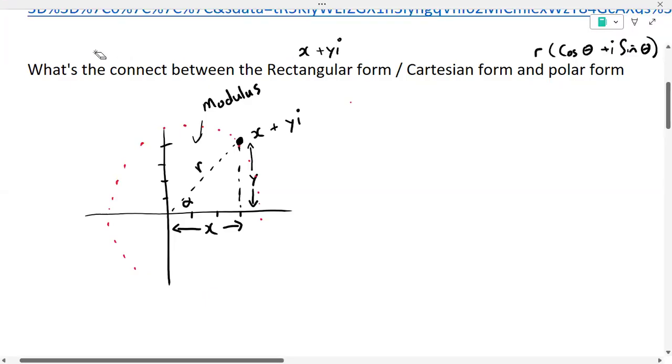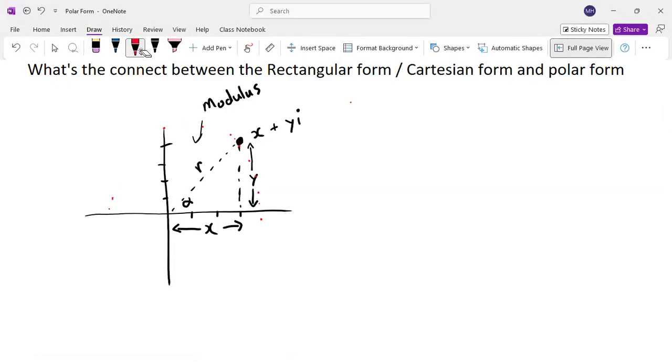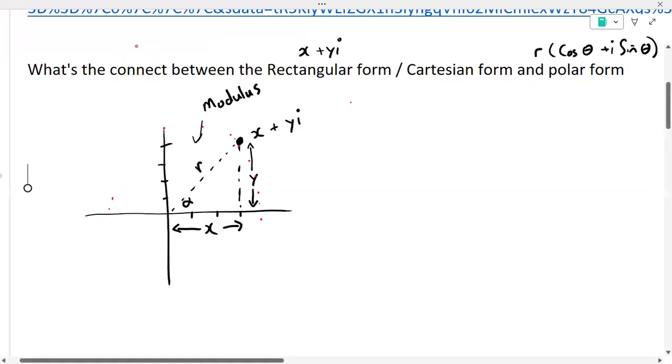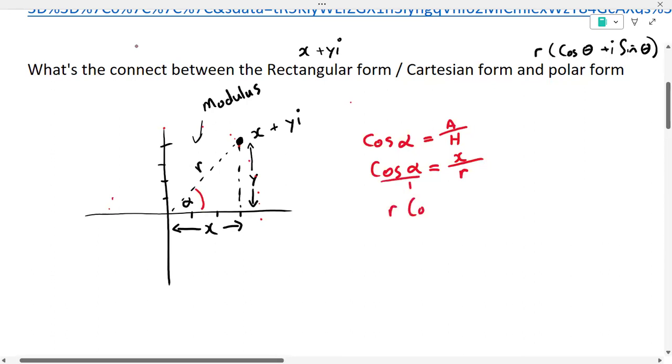Now, when we go to make this connection, how does cos come into play? Well, let's imagine we want to get the cos of alpha. Children are happy, so that's adjacent over hypotenuse. So the cos of alpha, the adjacent would be x and the hypotenuse is r. If I cross multiply, I get r cos alpha is equal to x.